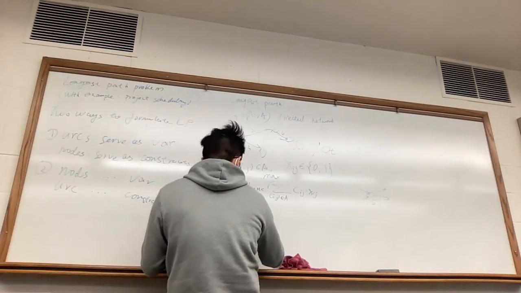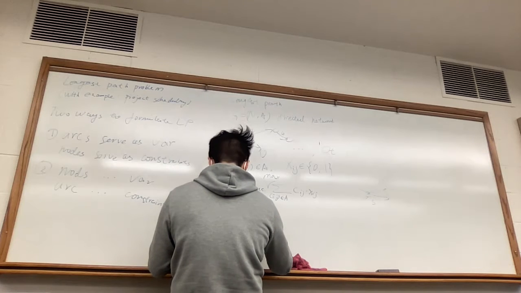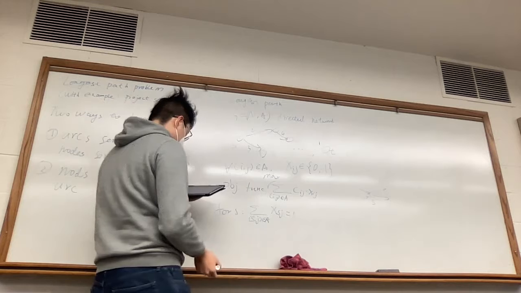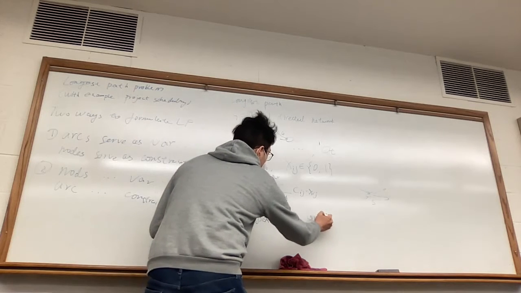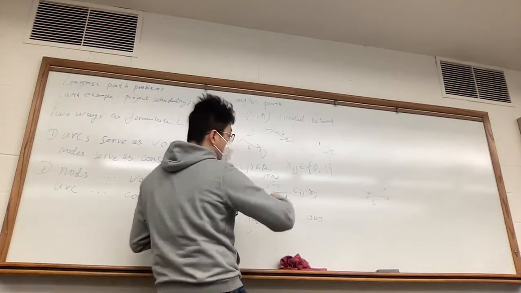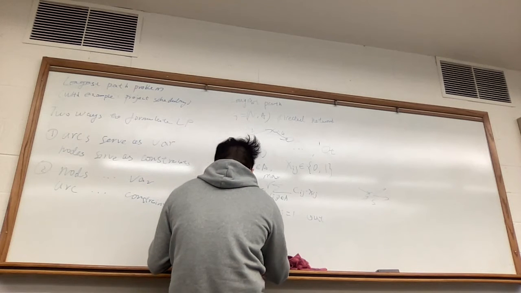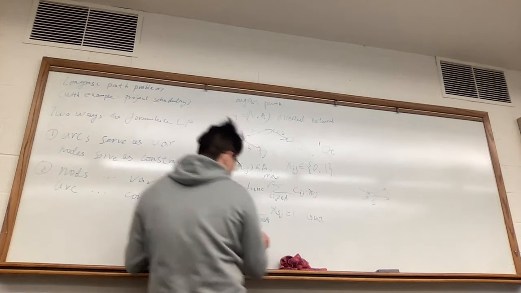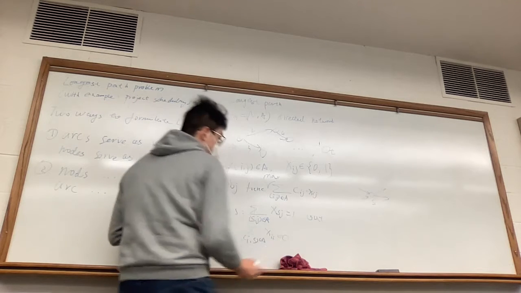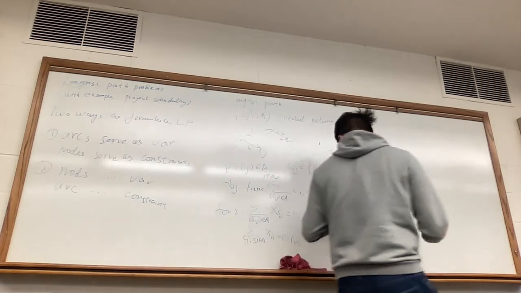So for S, we can write, for any Sj in A, the sum of x Sj equals 1. This means out. And also, because we just want to get out of S, for those arcs that come into S, for any iS in A, x iS is 0. This means you don't come into S.